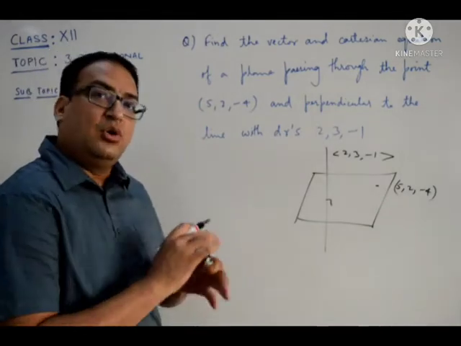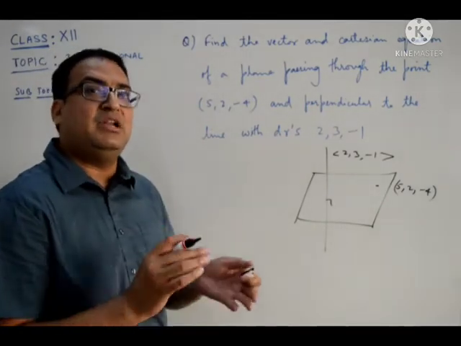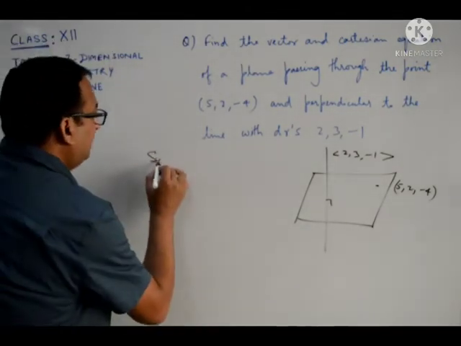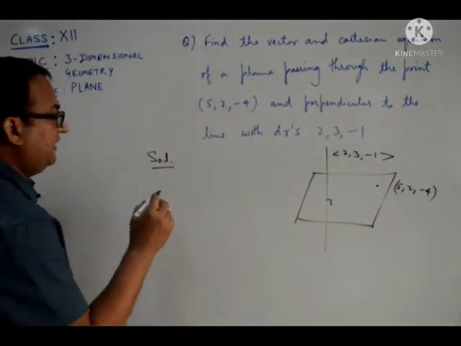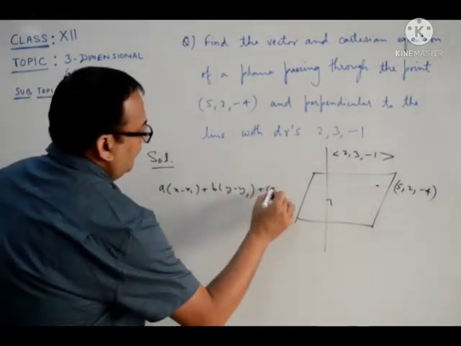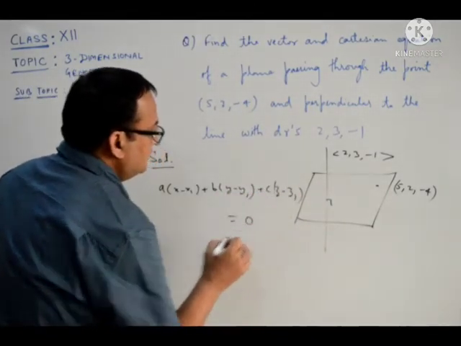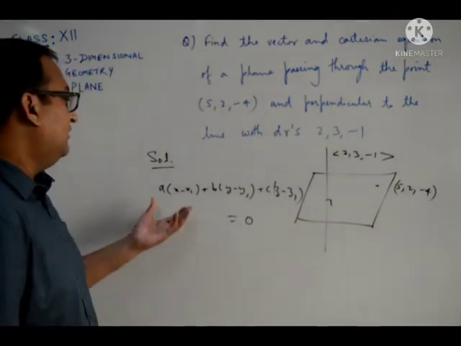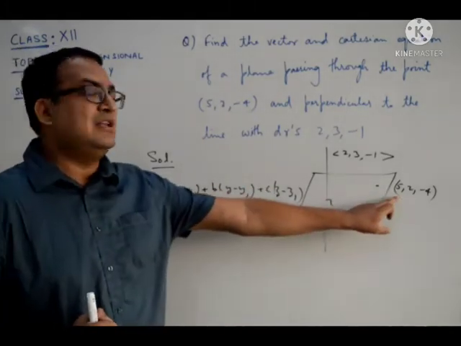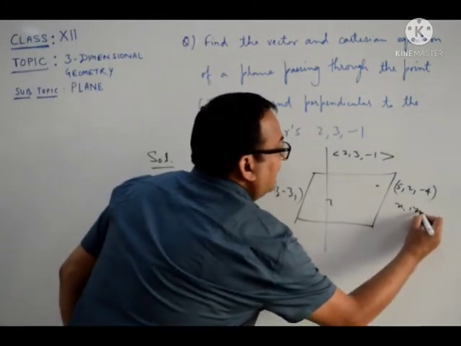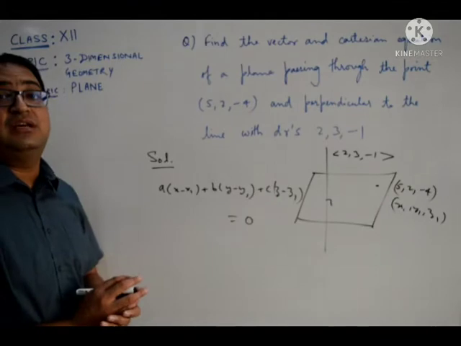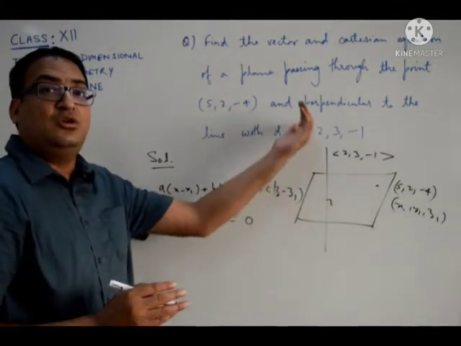We need not go through the whole concept, but will simply use the forms which we have derived earlier. So for the solution, to write the equation of such a plane, we can use this form: A(x minus x1) plus B(y minus y1) plus C(z minus z1) equal to 0. So you remember this. This is the equation of a plane which passes through the point (x1, y1, z1). The passing point is given, so this is the passing point (x1, y1, z1). And what were A, B and C? A, B and C were the direction ratios of a vector which is normal to the plane.